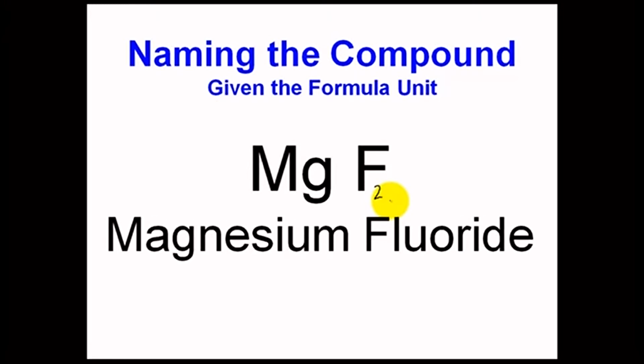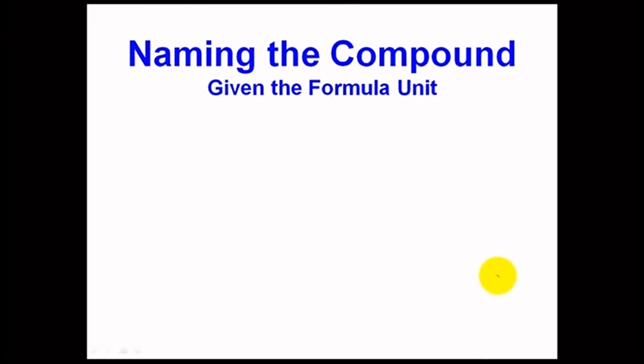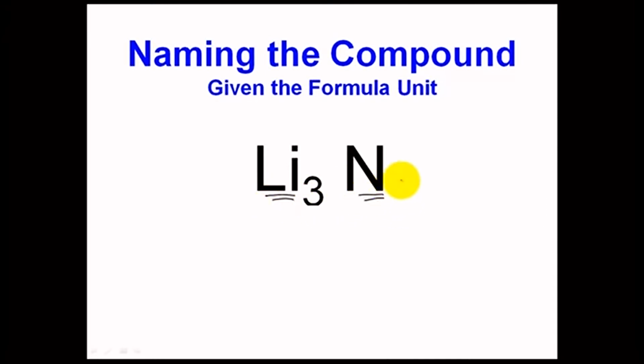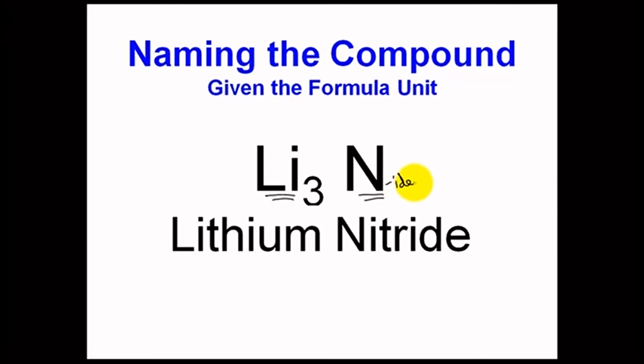These are my traditional ways to name ionic compounds. The metal always comes first, followed by the nonmetal, and the nonmetal always has an IDE ending. Here's another good example: Li3N. Once again the metal is named first, followed by the nonmetal with the IDE ending: lithium nitride.